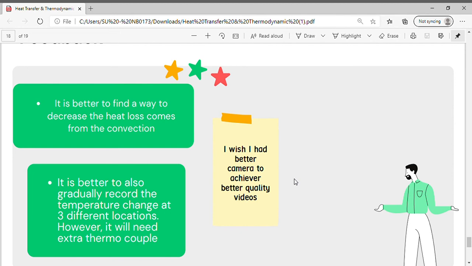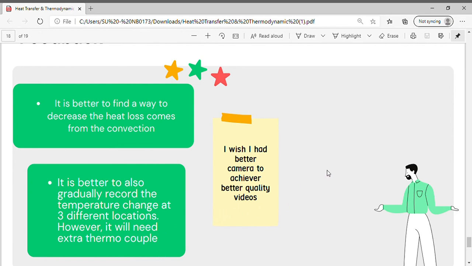And it is better to record the temperature change at 3 different locations, because we need to know the steady state at 3 different locations, not at an instant time, but this needs an extra thermocouple.